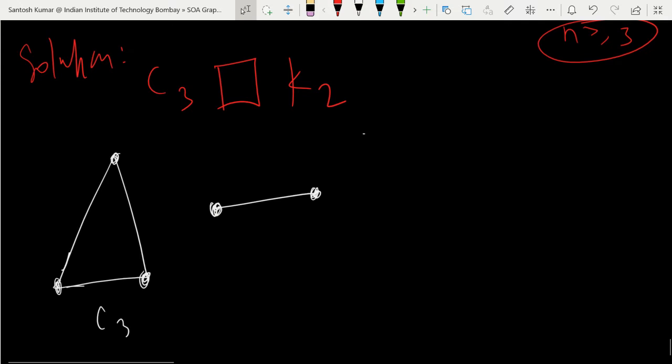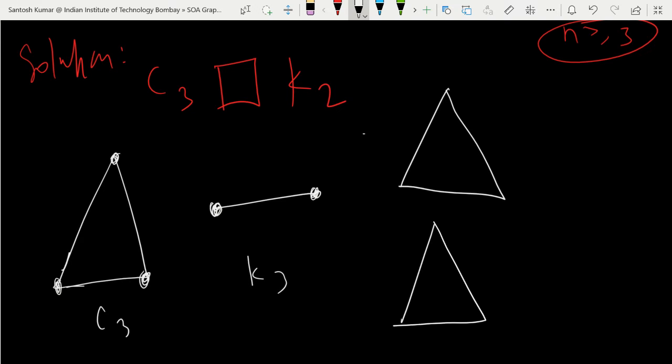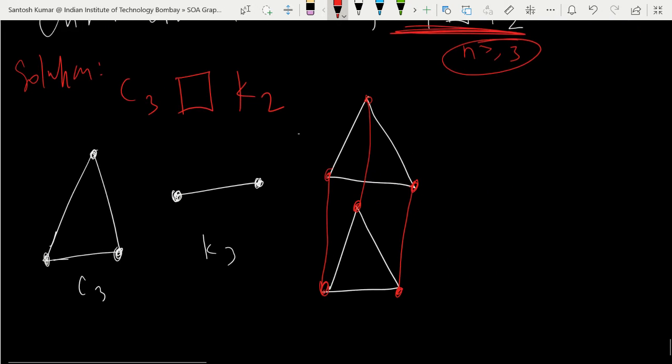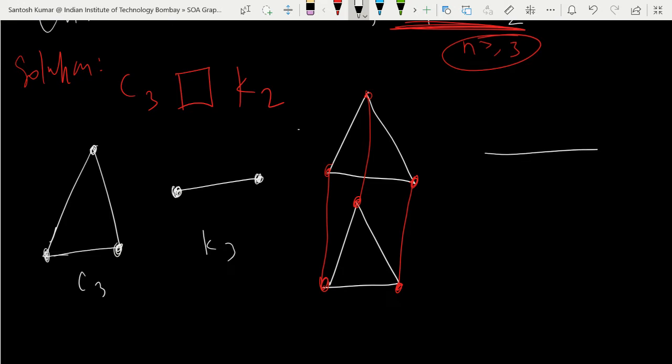So C3 has 3 vertices, K2 has 2 vertices, so C3 will come twice and K2 will come thrice. Okay, so there are many ways to form it, right? One is you make this and this, then you join this first K2, this you can join the second K2, and this is the third one. Other way, C3 can be formed in this way also.